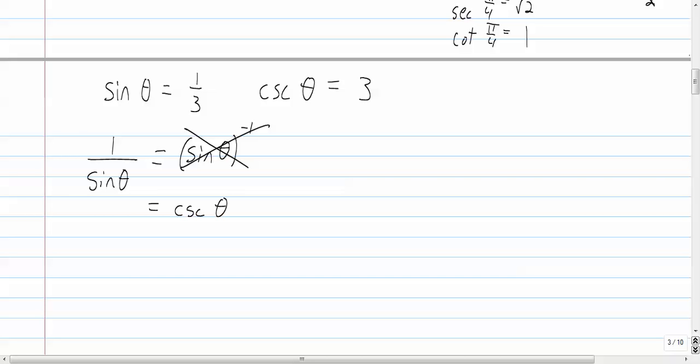You say, well, where would that be useful? Well, if you have to simplify a trig expression, which you will have to very soon in here, say we had secant of theta times cosine of theta.